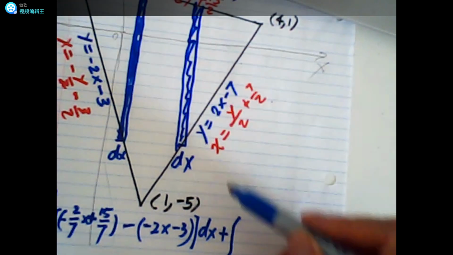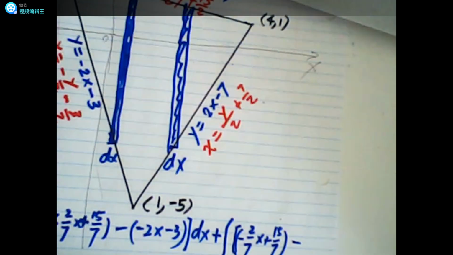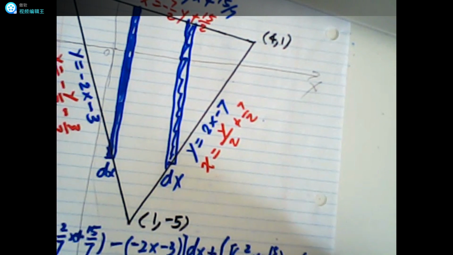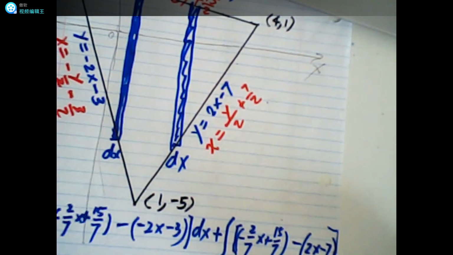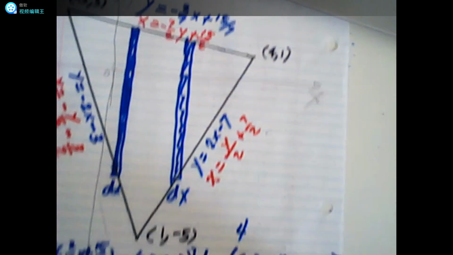So this one is equal to the integral of minus 2 sevenths x plus 15 sevenths, minus this y, 2x minus 7, dx, and it is from 1 to 4.